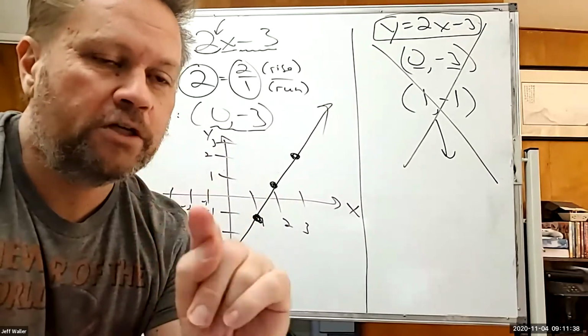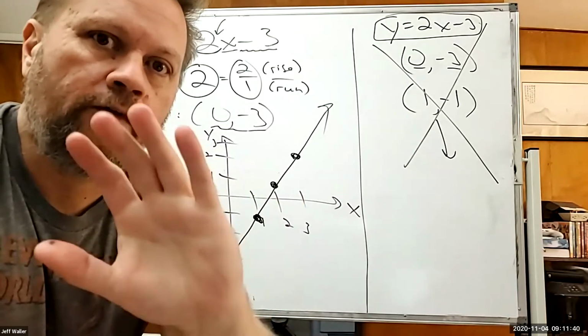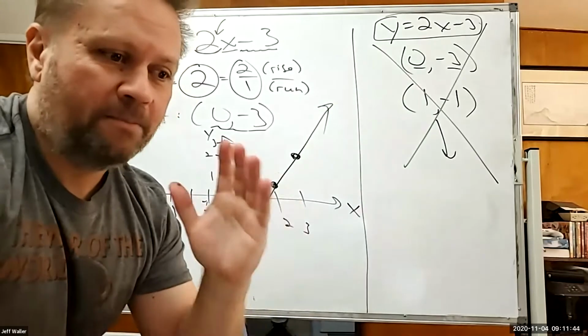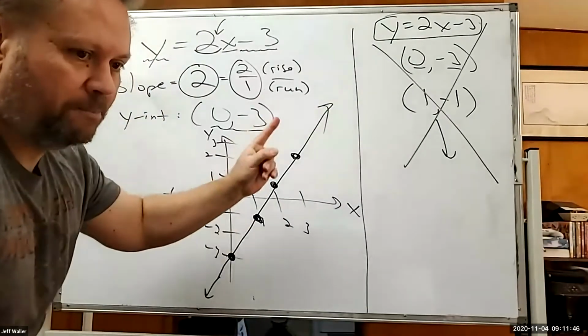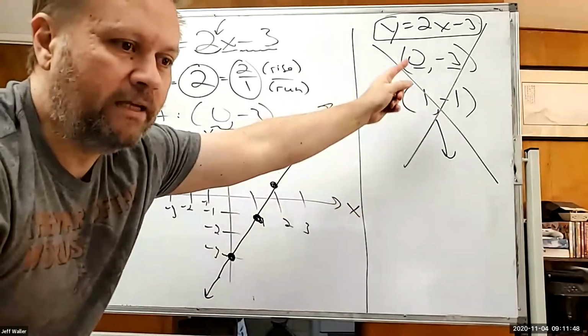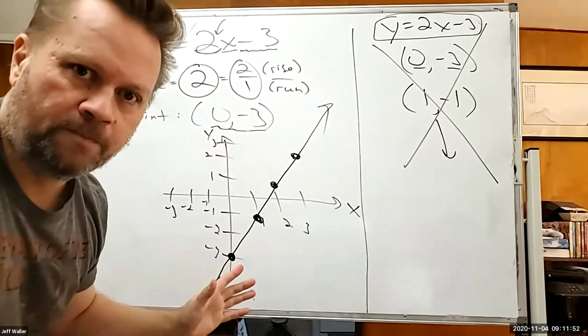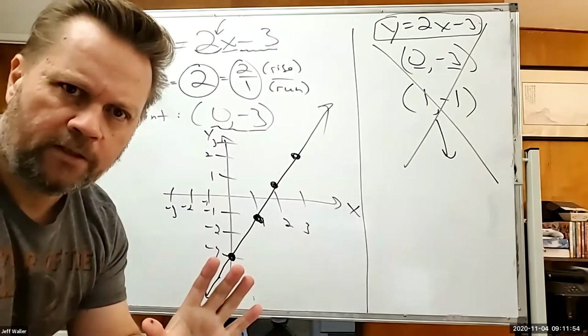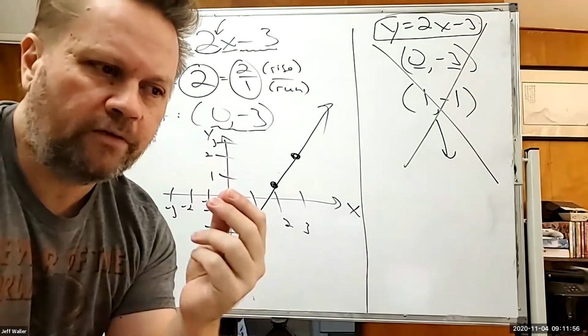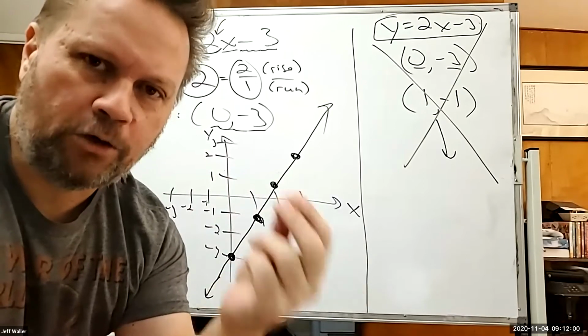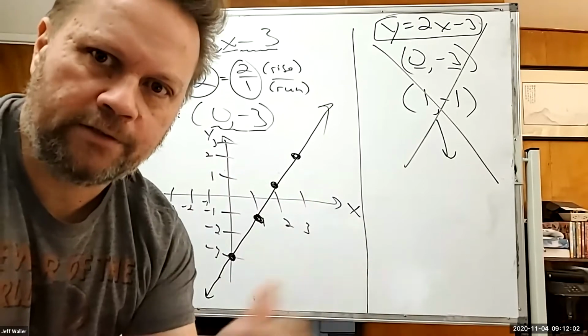It's a visual representation of all the answers to the equation. Because I'd much rather draw a line, bam, instead of make an infinite list. That might take a little while. This didn't take very long. You guys kind of with me? That is the most fundamental reason why we graph things. It's the quickest way to show all the answers.